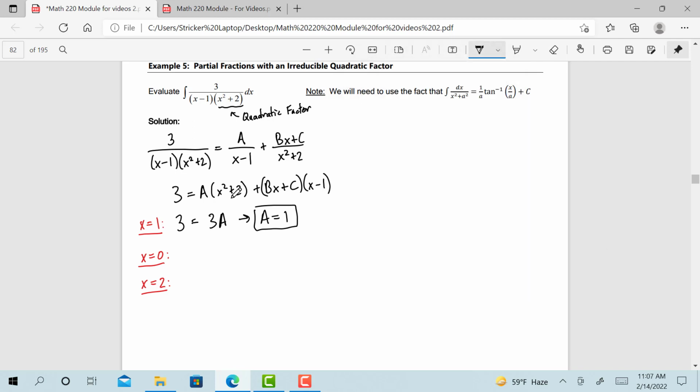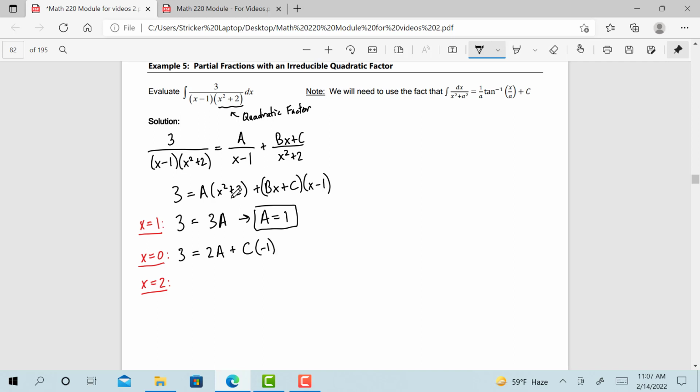So first of all, when we plug in 0, we get 3 equals 2a plus b times 0 is 0, so plus c times negative 1.